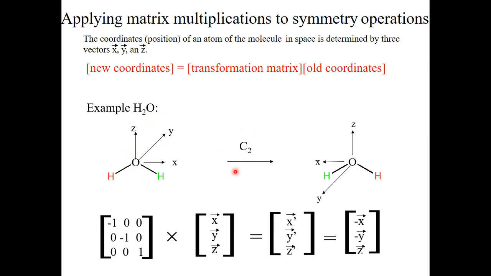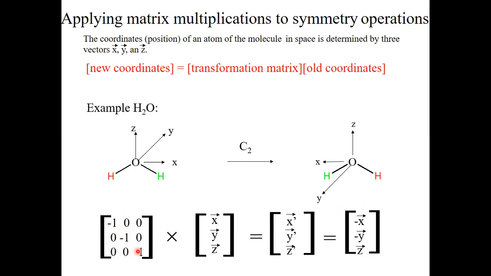The coordinate x transforms into minus x, y transforms into minus y, and z transforms into minus z. And the matrix that, when multiplied with the matrix for the old coordinates, gives the new coordinates has this form: -1, 0, 0, 0, -1, 0, and 0, 0, 1.